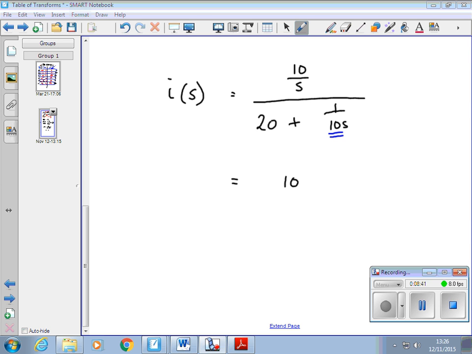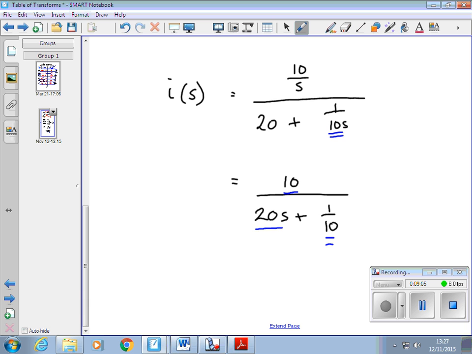And we get 10 over 20S plus 1 over 10. This already looks a little bit better. 10 over 20S plus 10. I've got some number on top, some term involving S on the bottom, and another term.